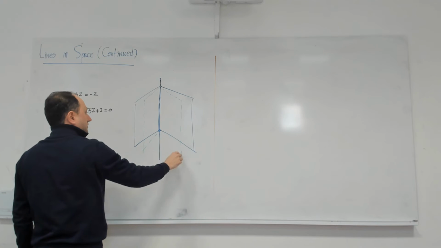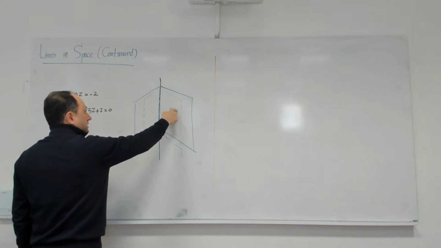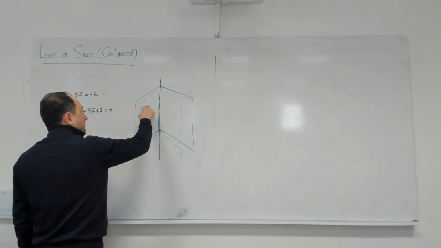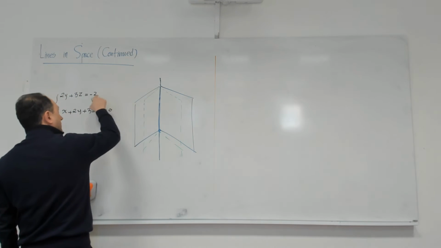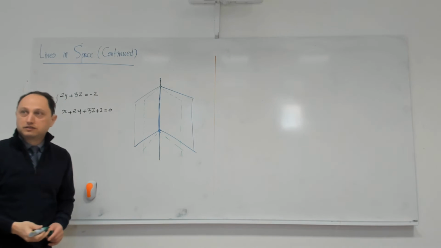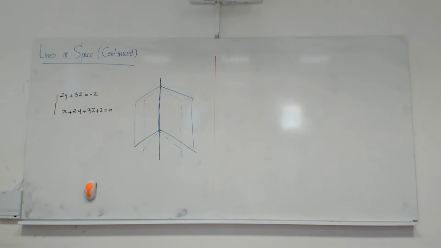This plane is different from that plane, but if I put the equation of this green plane here, again I will get the same line. And then they are totally different. So when it comes to lines, it is not very easy, just by looking at the equation, to recognize that you are expressing the same line. You have to do some calculations, yes?